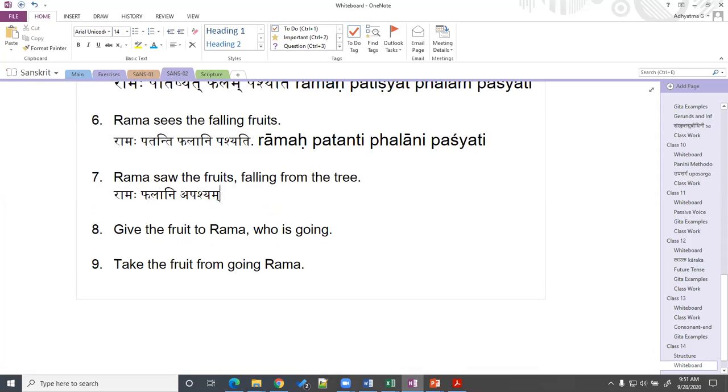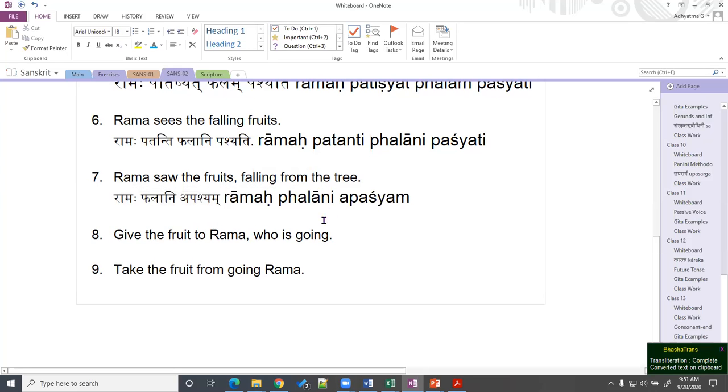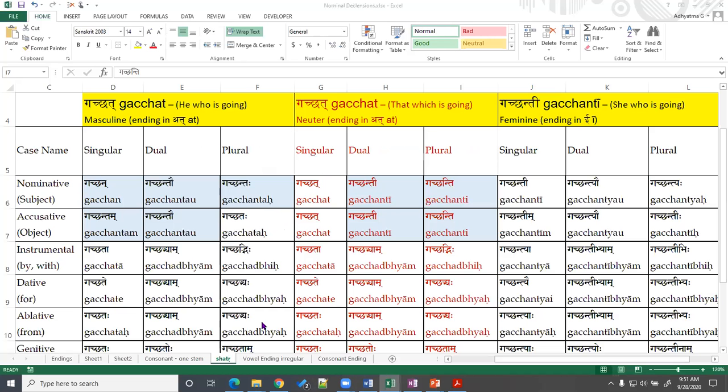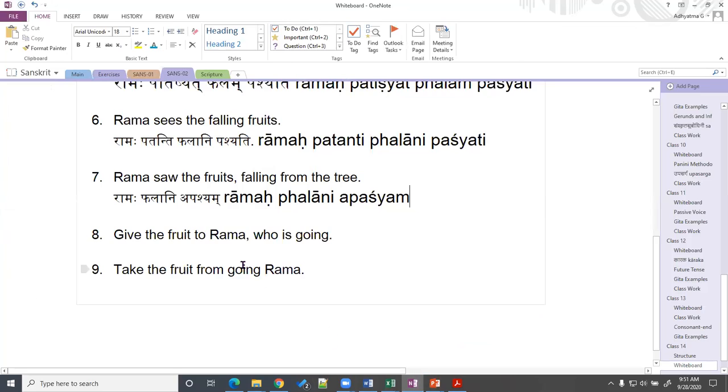So let us make the form: Ramaha falani apashyam. Ramaha saw the fruits. Rama saw the fruits falling from the tree. So falling is coming from here, patanti. So we can say patanti.